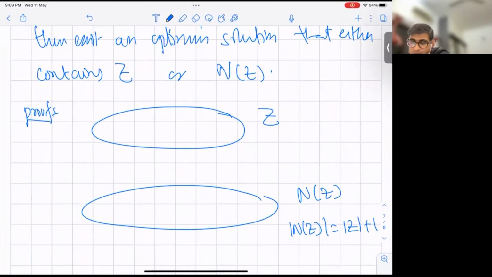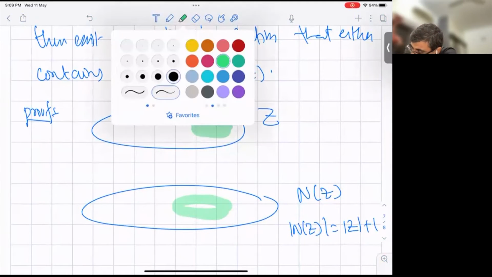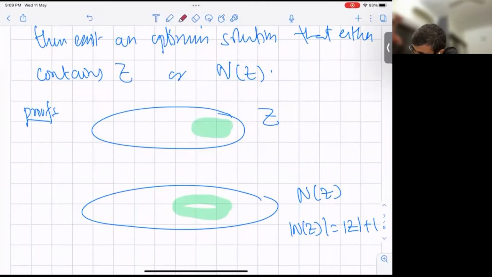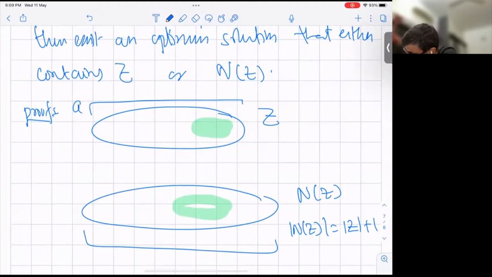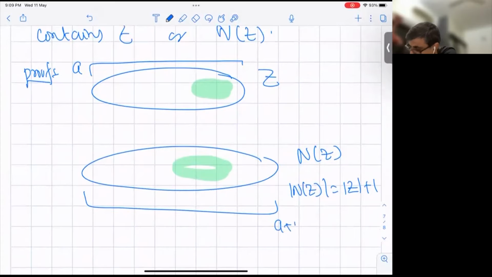So what happens otherwise? Otherwise, you're going to pick some vertices from here, and you're going to pick some vertices from there. Is that fine? Suppose the size of Z is A, and the size of N of Z is then A plus 1.